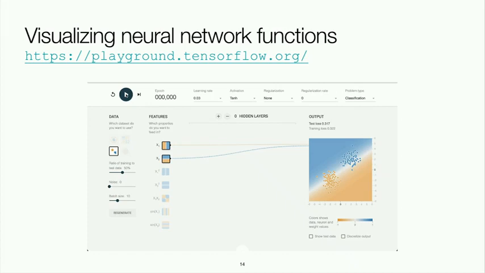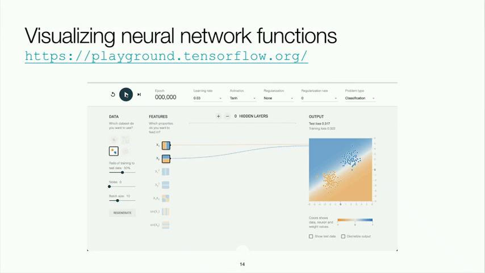The basic idea is you can visually define, through this interface, different neural networks with different numbers of hidden layers, what input features you're going to put in, what the particular data is, what problem you're trying to solve, and then you just hit play, and it trains that neural network for you, right? And then you can visualize what's going on in terms of the decision boundary and the losses and all of that other kind of stuff, okay?